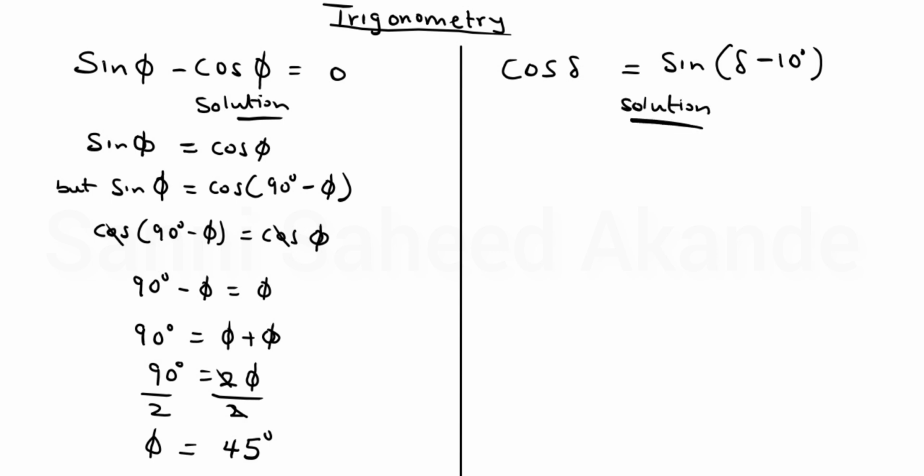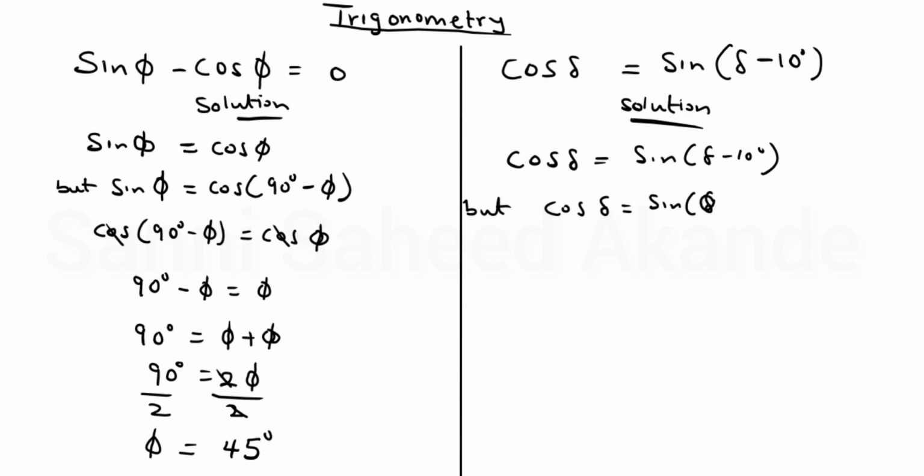So the question says cos delta equal to sine open bracket delta minus 10. So let's write the question first, then we'll solve. Okay, so you will remember that cos delta is equal to sine open bracket 90 degrees minus delta.